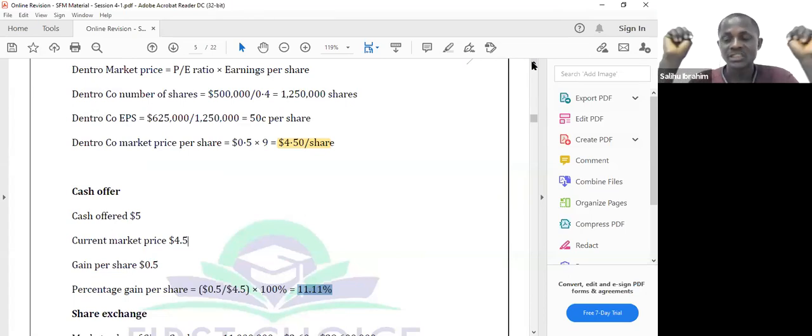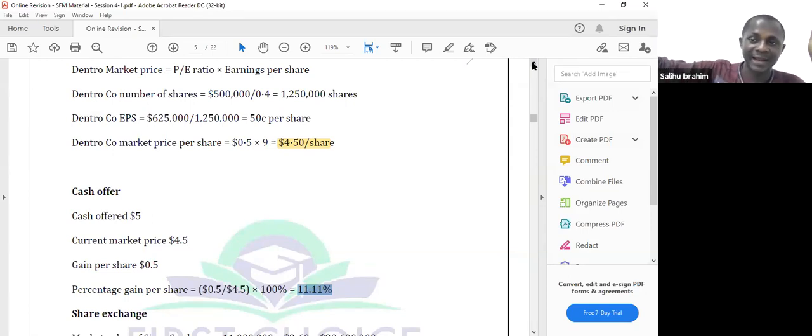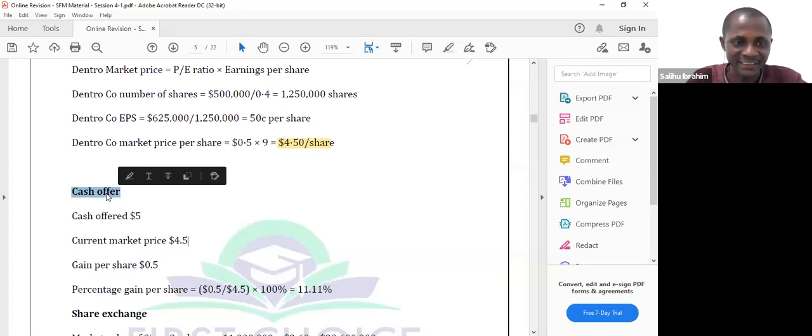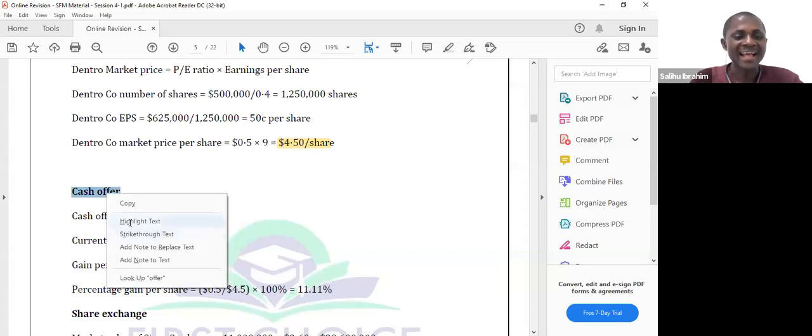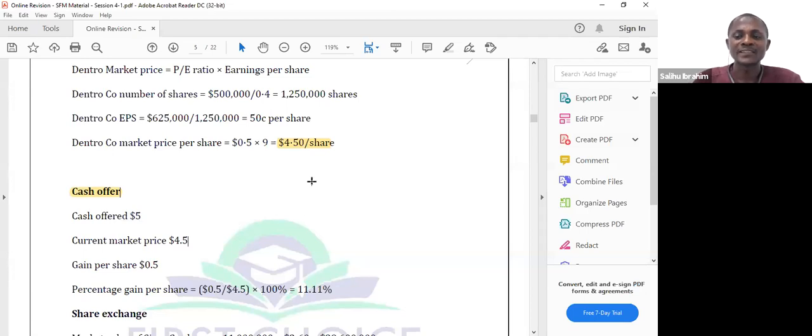A cash offer is always very straightforward. The moment you can get the pre-acquisition market price of the target company, you are good to go, because the cash to be paid will be specified in the question. Now, a question might ask you the advantages and disadvantages of a cash offer as a means of settlement, as a purchase consideration, as a means of buying the shares of the company.